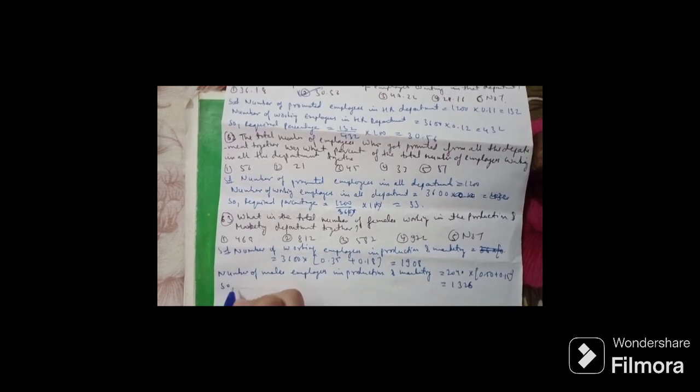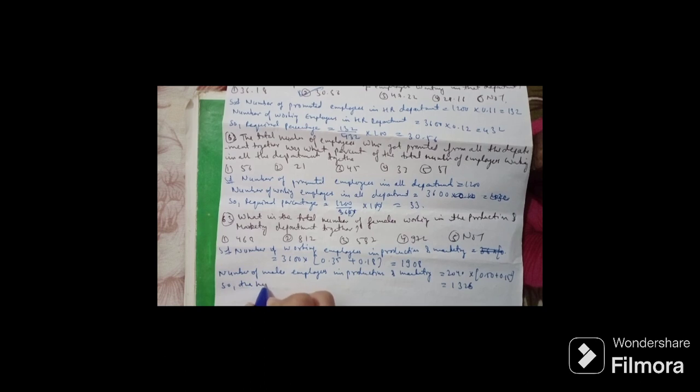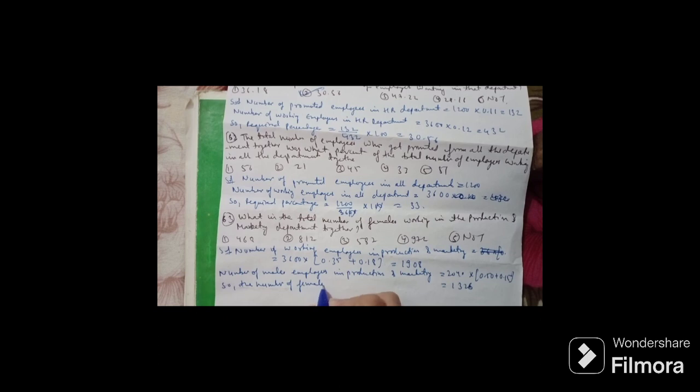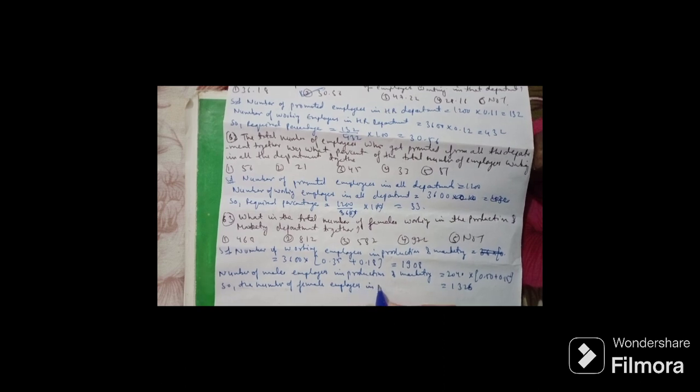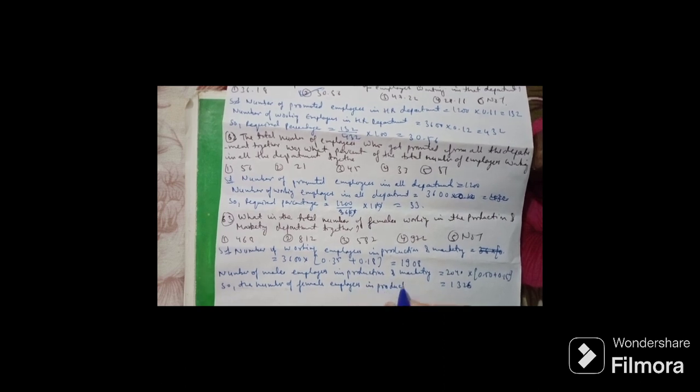Now, so the number of female employees in production and marketing equals 1908 minus 1326, which equals 582.